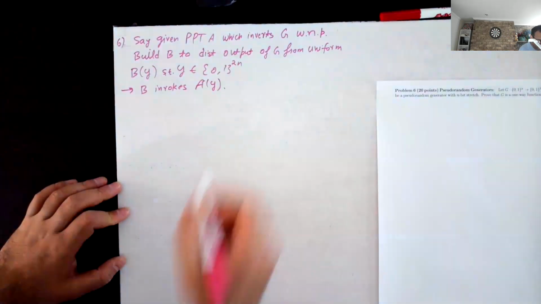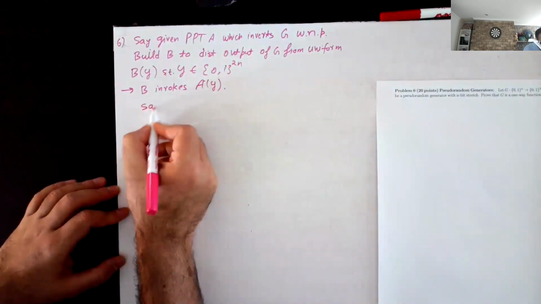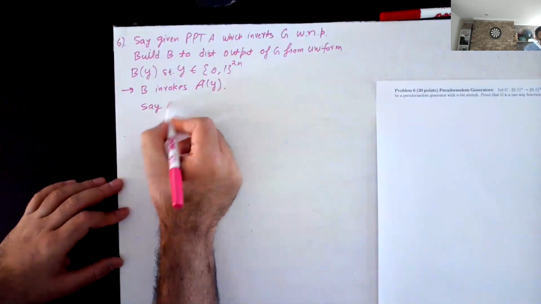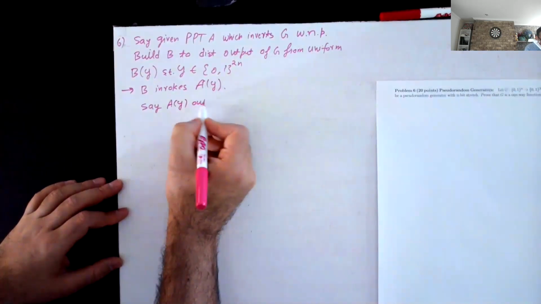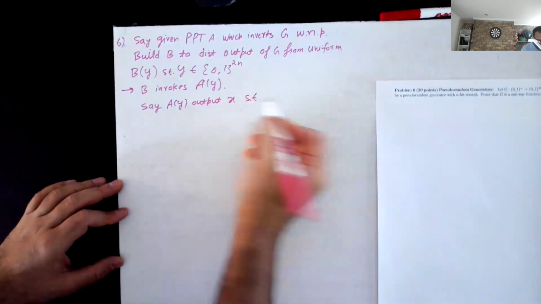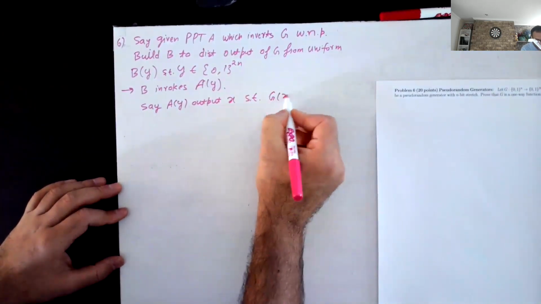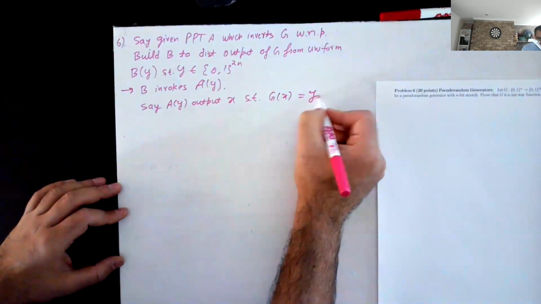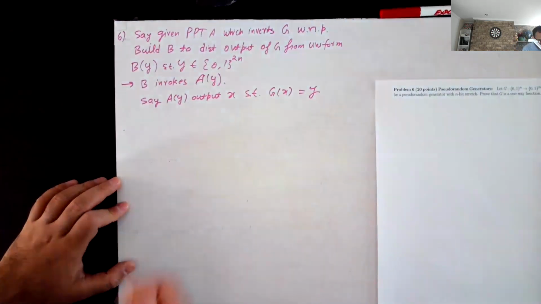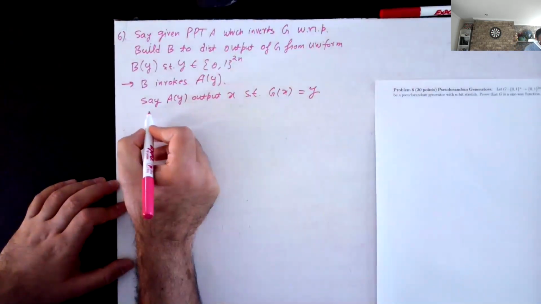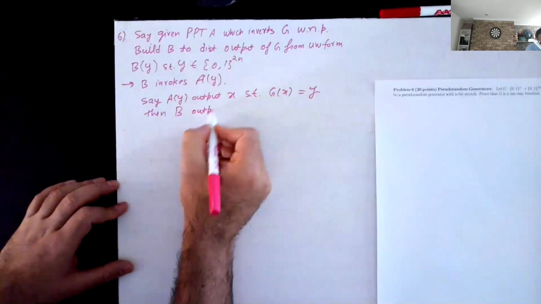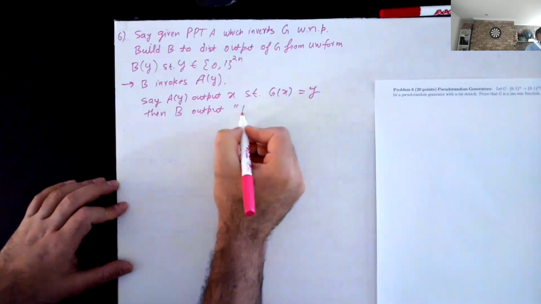Now there are two cases. Say A(y) outputs x such that G(x) equals y, which means that A indeed successfully inverted. Then the guess of B is just PRG.